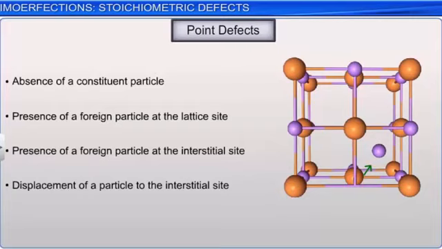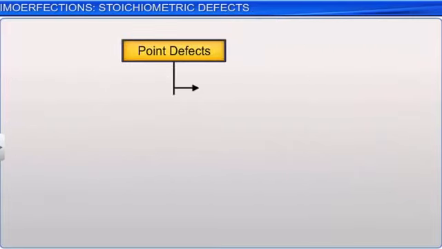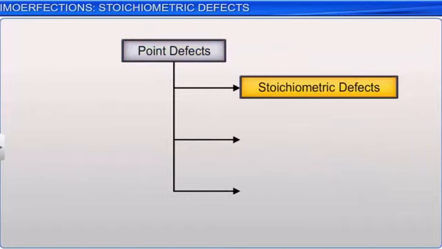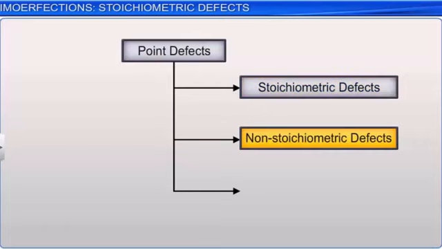Point defects are classified into 3 types, namely stoichiometric defects, non-stoichiometric defects, and impurity defects.